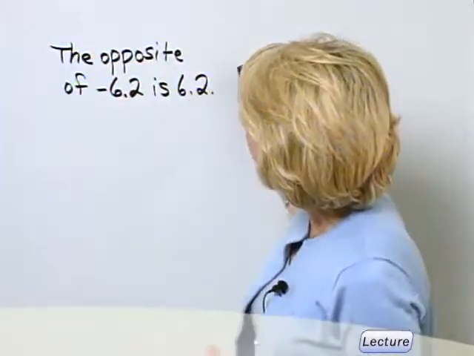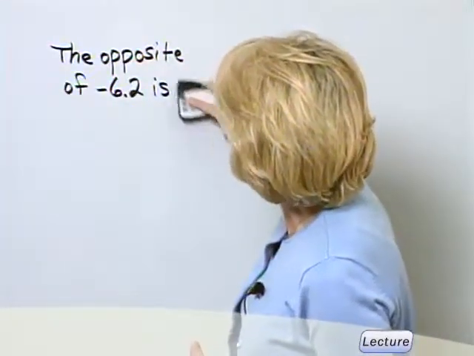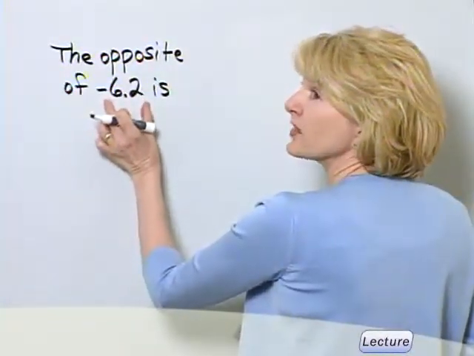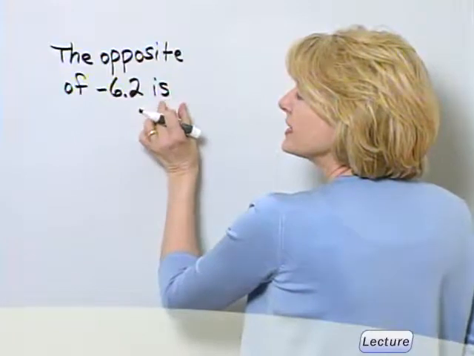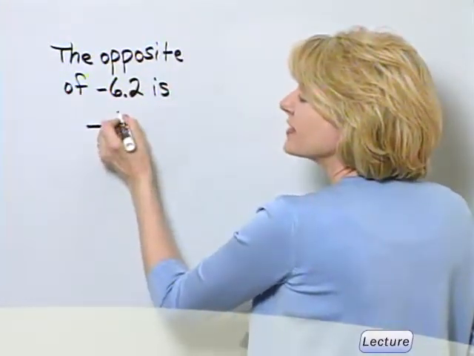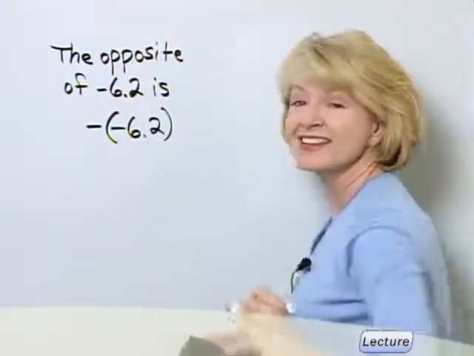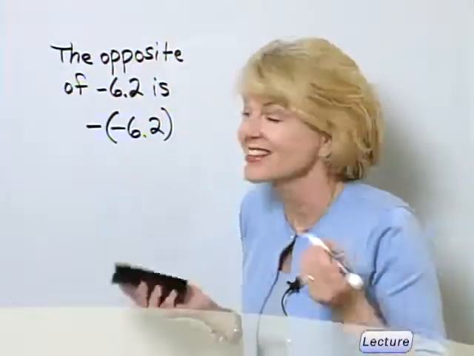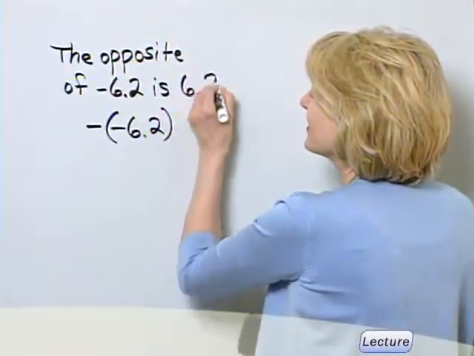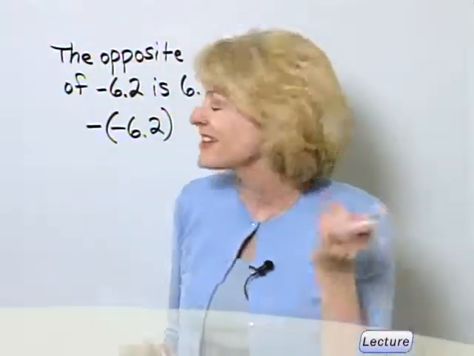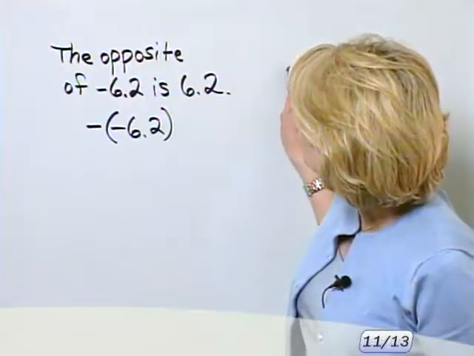If you want to use that definition, the opposite of this number, if that's my number A, it is negative A. But what is that? That is 6 and 2/10, just as we wrote a moment ago.